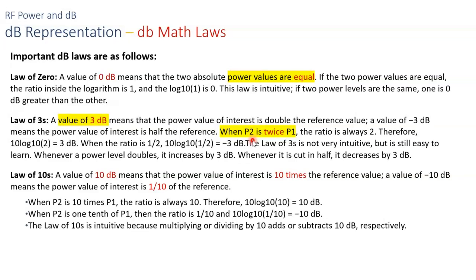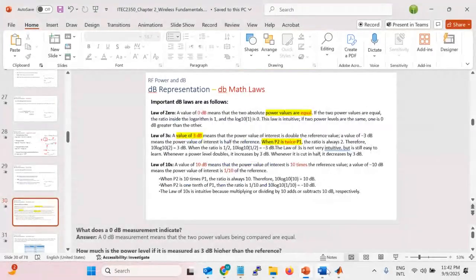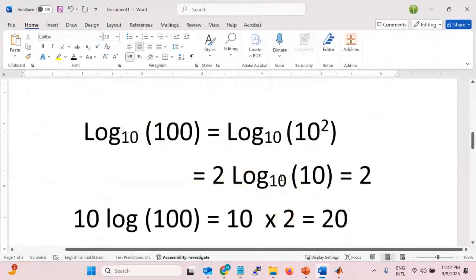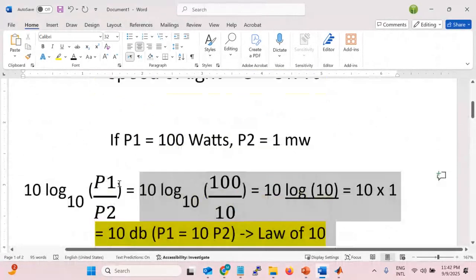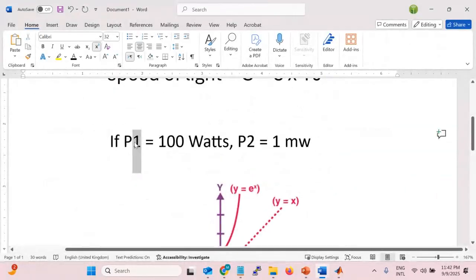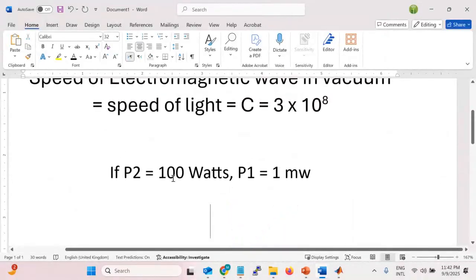Here he took P2 with reference to P1. Let me put an example. Here he made P2 the power of interest, and P1 the reference power, the opposite.